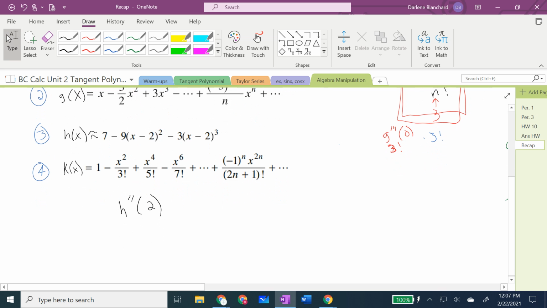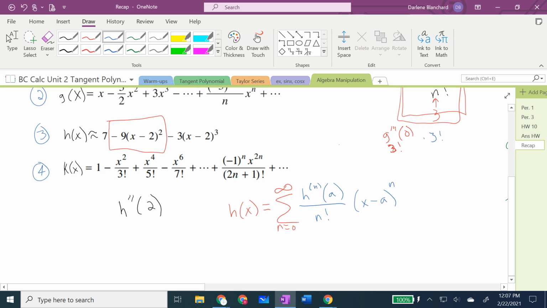And then to double check that everyone sees why it's negative 18. According to the Taylor formula, whatever my function is, it is equal to the nth derivative of that function at the center over n factorial x minus the center to the n power.